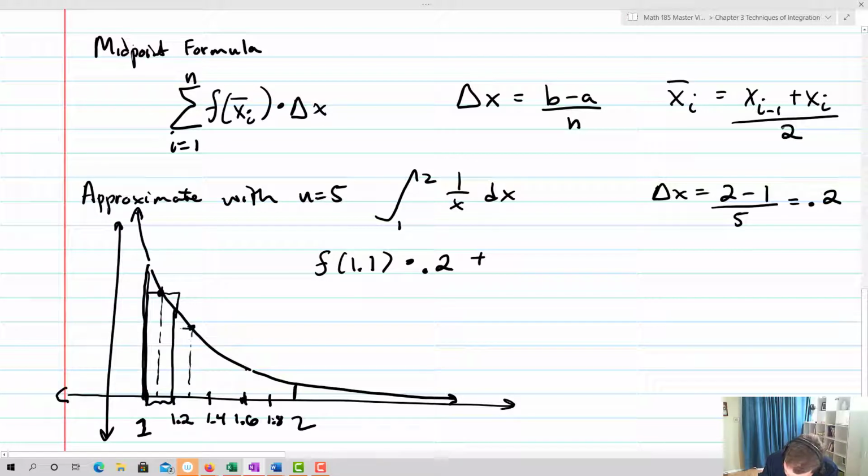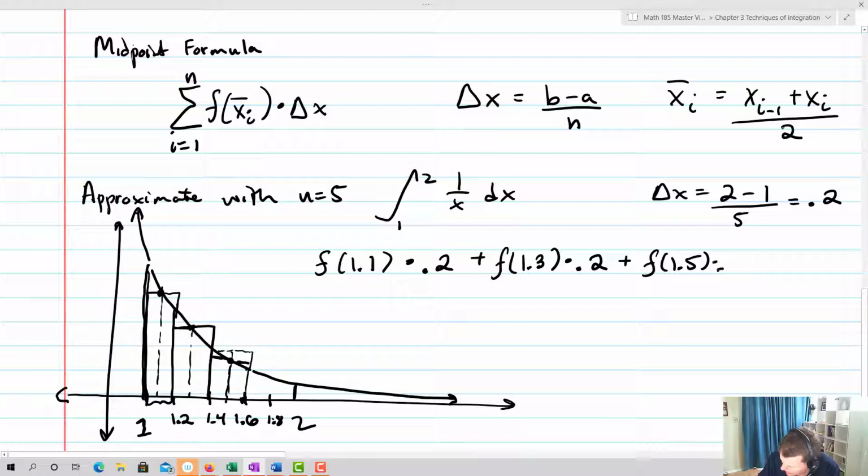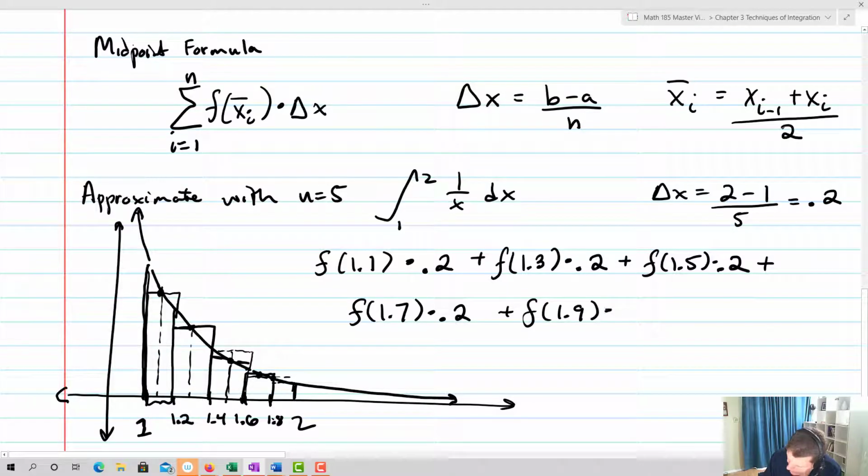We're going to read right in the middle of 1.2 and 1.4, so that is f of 1.3, and then we'll multiply that by 0.2, plus f of 1.5 times 0.2, and then f of 1.7 times 0.2, and then finally we've got halfway here, and this plus f of 1.9 times 0.2.